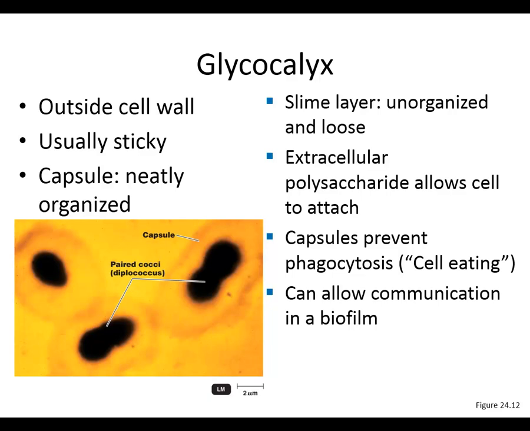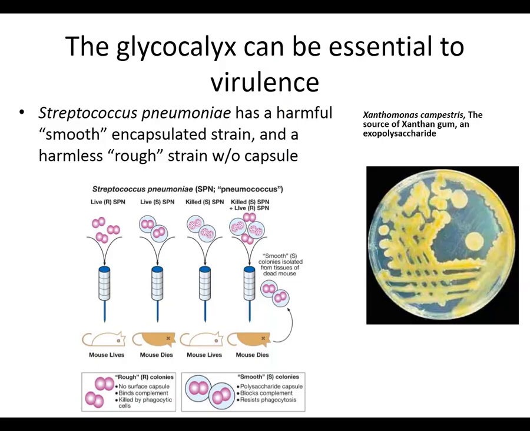If you make a slime layer, that can make it harder to scrub you off of a surface. If you're bacteria that can land on the surface of your teeth, then you get tartar, biofilm on the surface of your teeth, or plaque. Does that make sense? And you have to really scrub to brush it off.